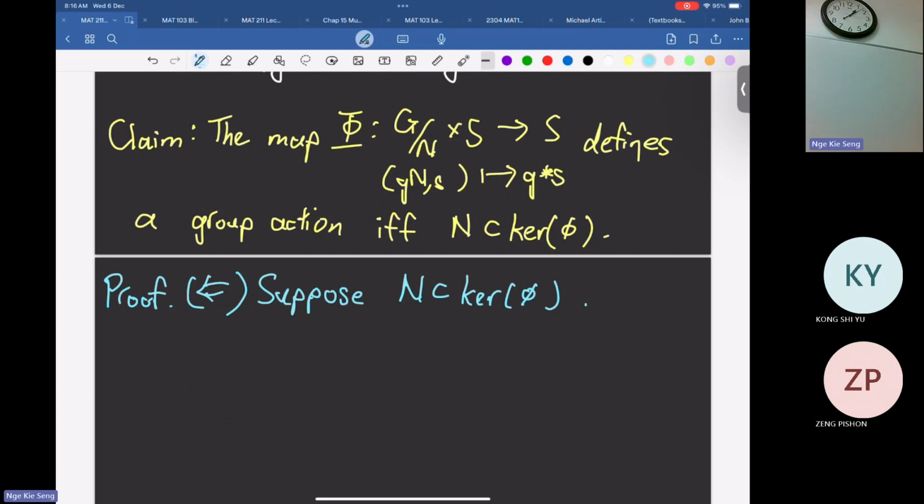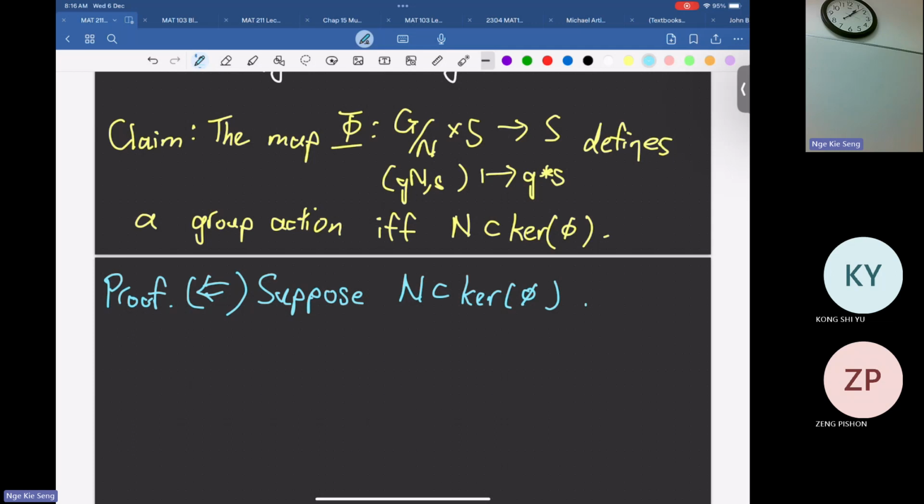So you need to first check that this definition is well defined, and then you need to check the two group action axioms. But I would say that the group axioms are easy to check because your N is normal. The harder, non-trivial part is that this definition is well defined.